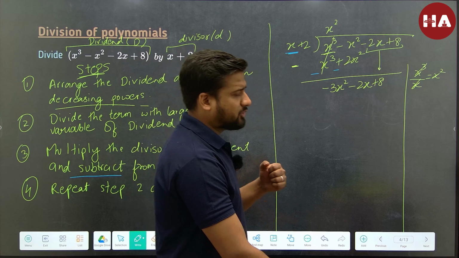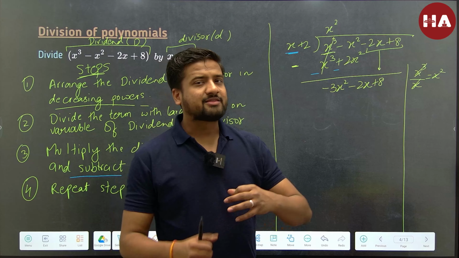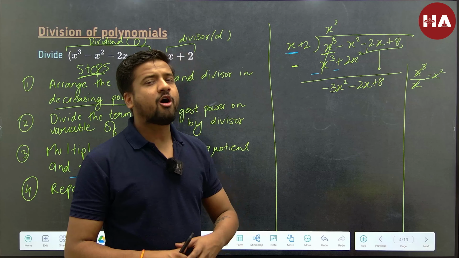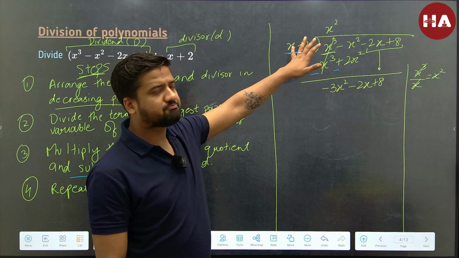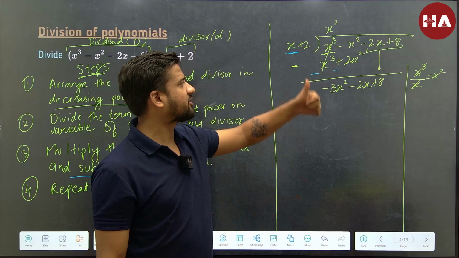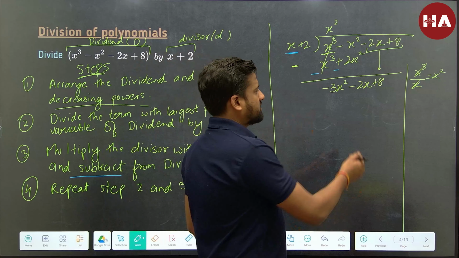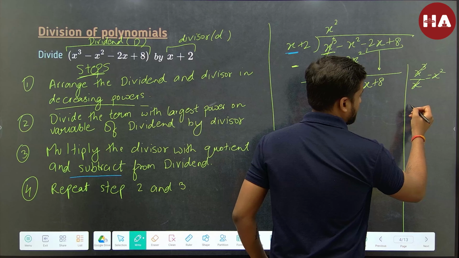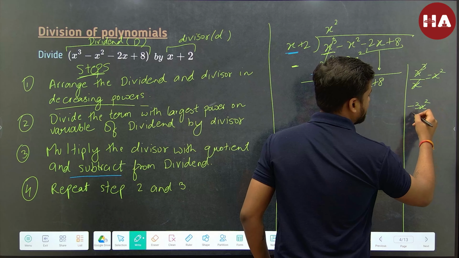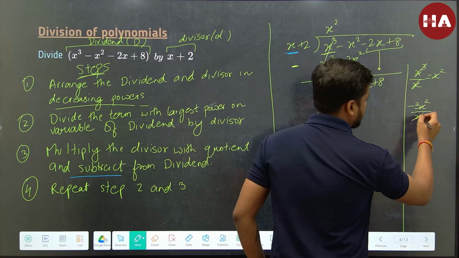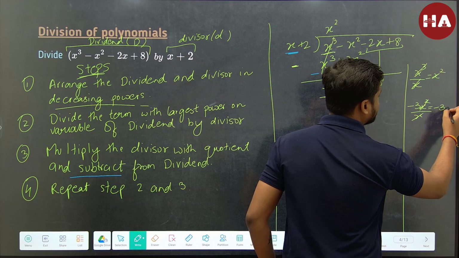Now what was step 2? I have to divide the largest power of the dividend by the term with the largest power of the divisor. So now it's minus 3x square, divided by x, which gives me minus 3x.